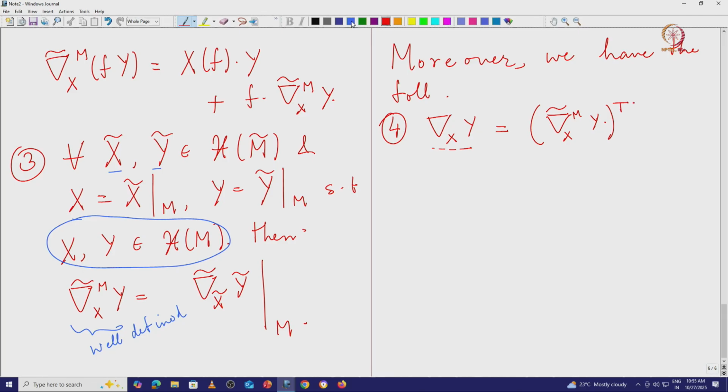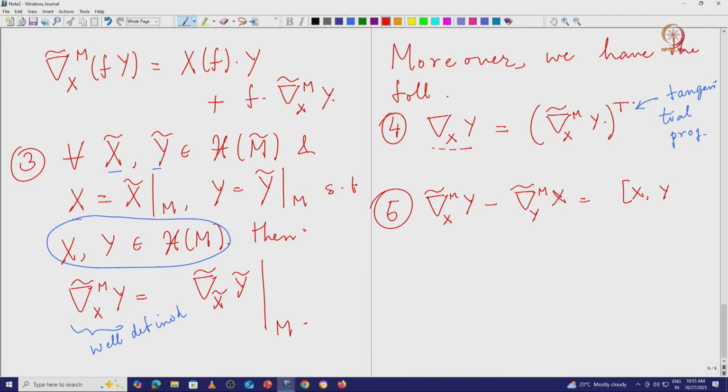Okay, so this is the tangential projection. And fifth, this new operator will also satisfy torsion freeness in a certain way. So, this is equal to x y.